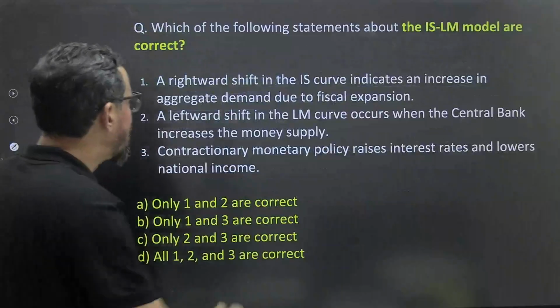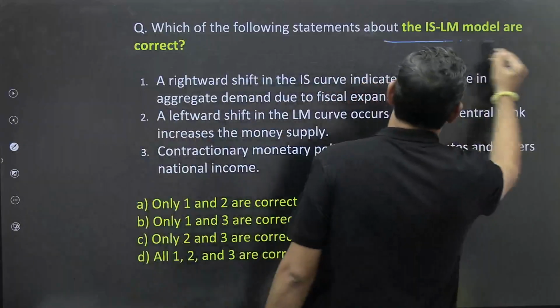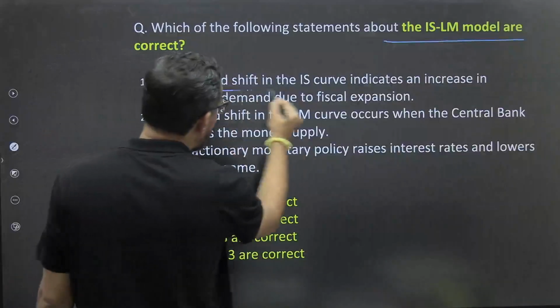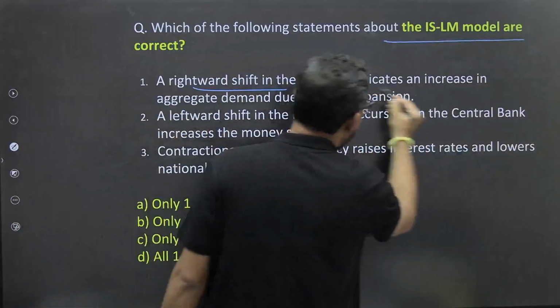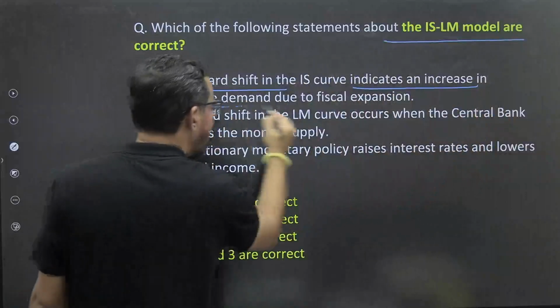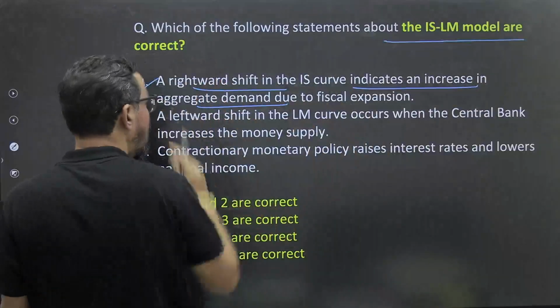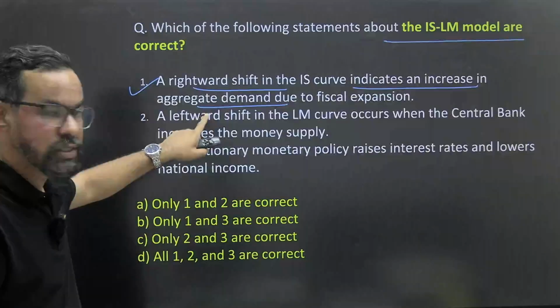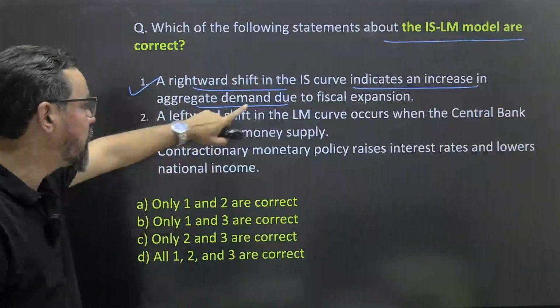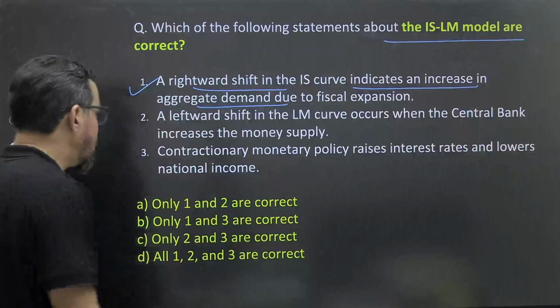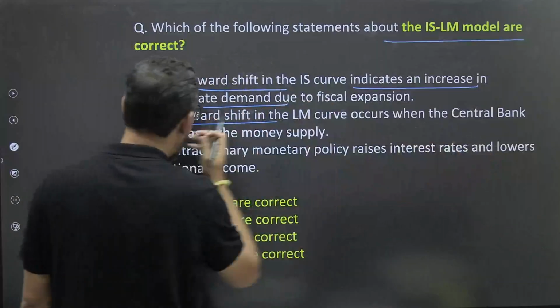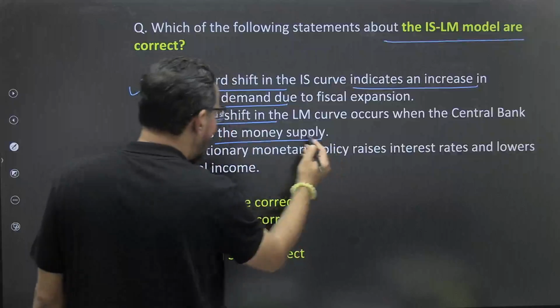Next one. Which of the following statements about the IS and LM model are correct? A rightward shift in the IS curve indicates an increase in aggregate demand due to fiscal expansion, 100% true. IS is related to fiscal policy, and if there is a rightward shift, that means there is an increase in aggregate demand. A leftward shift in the LM curve occurs when the central bank increases the money supply.